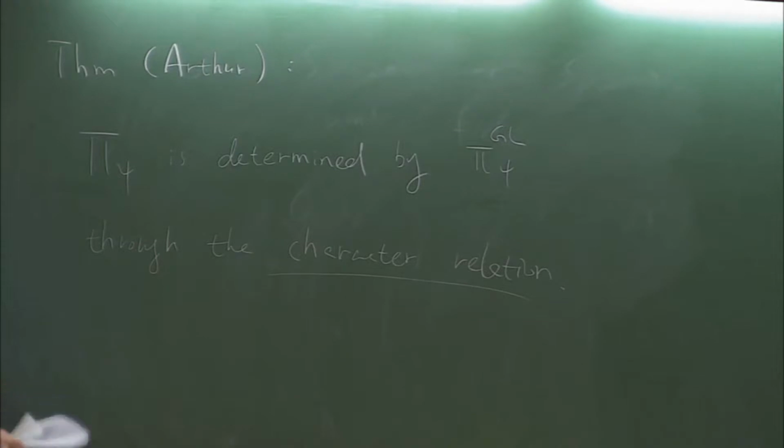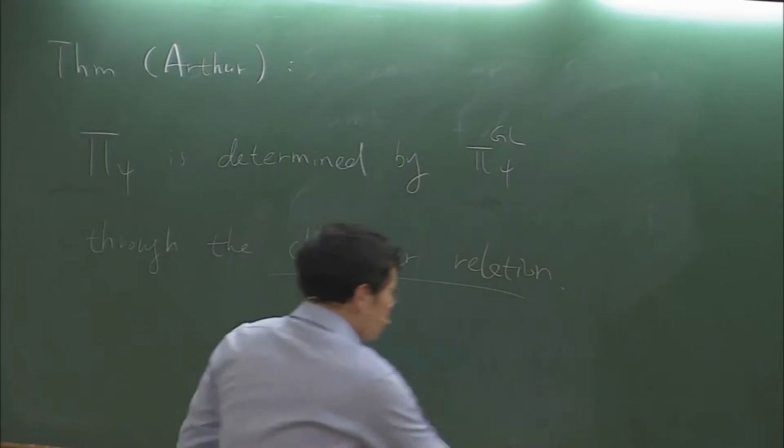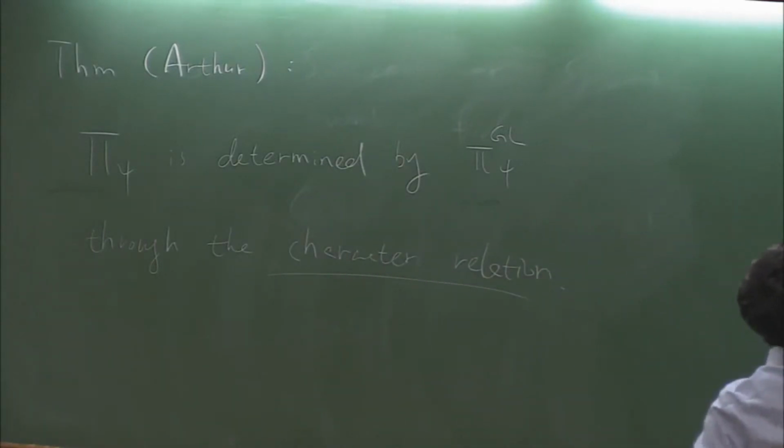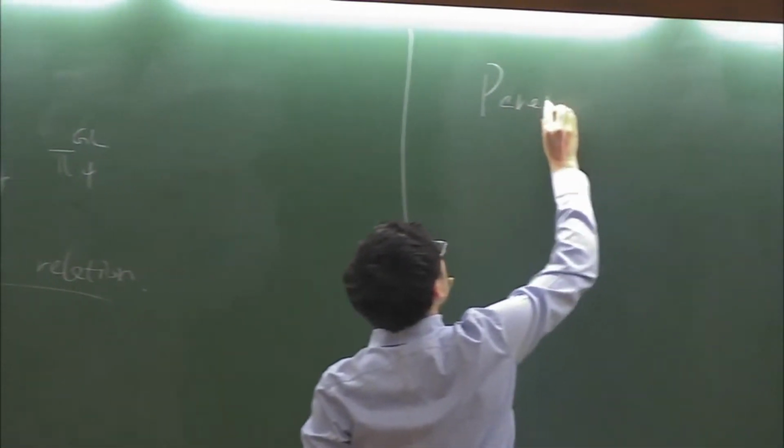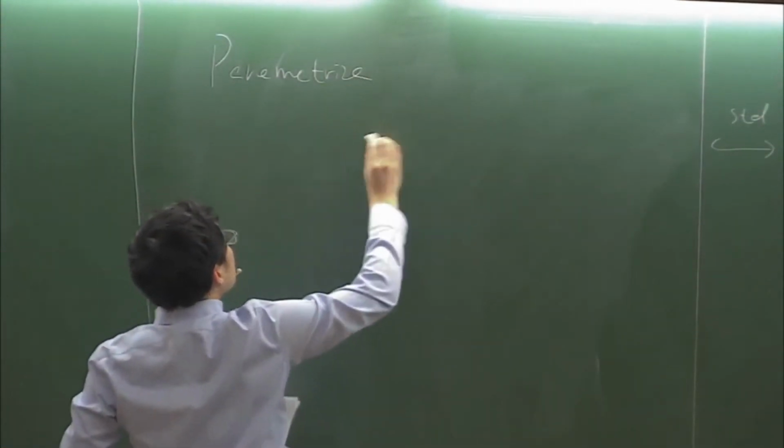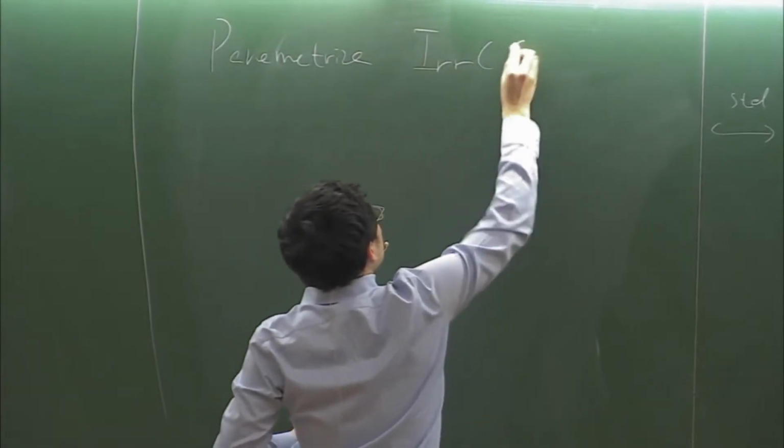So that's the problem. But in order to describe the representations in this packet, we need to first be able to talk about, to give kind of names to these representations. So first, we need to be able to parameterize this set.